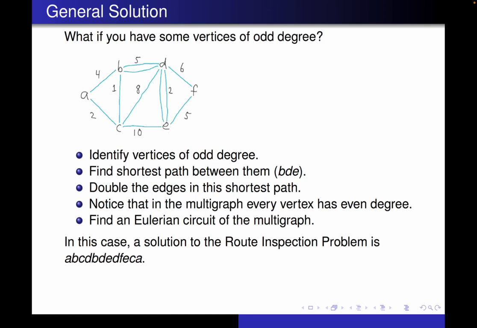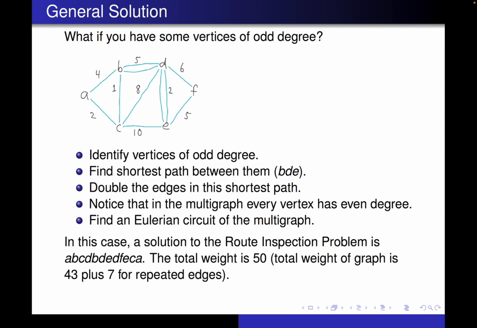They all got covered exactly once in the multigraph, twice the edge between B and D and E, and that gives us our solution. Now our total weight is 50, and an easy way of getting the total weight in general is take the total weight of the graph, add up all the edge weights, and then add in the repeated edges. We get 5 and 2, that gives us 7, so we have 43 plus 7 gives us 50.